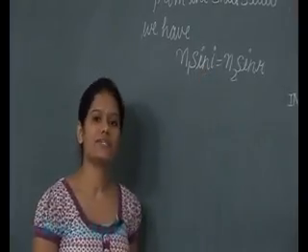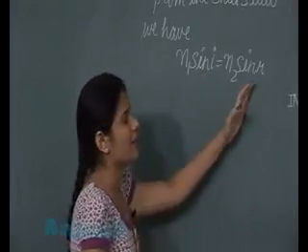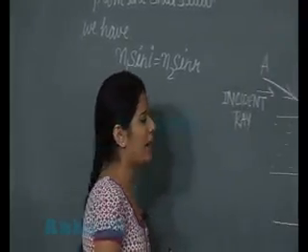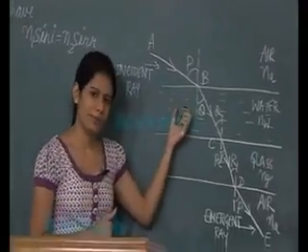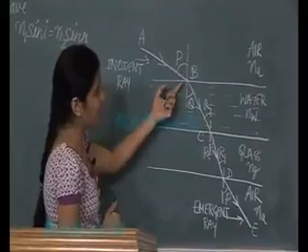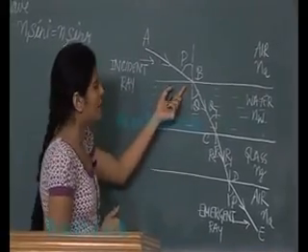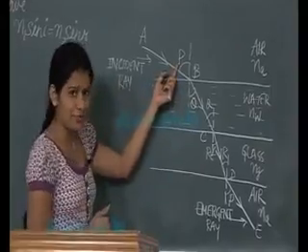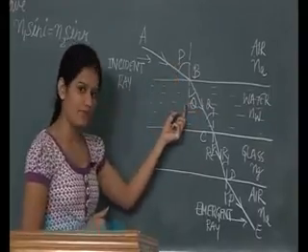I is the angle of incidence in medium 1 and R is the angle of refraction in medium 2. Now students, firstly we will apply Snell's law at point B. Students, see, at point B, light ray is going from air to water. So P is the angle of incidence and Q is the angle of refraction.